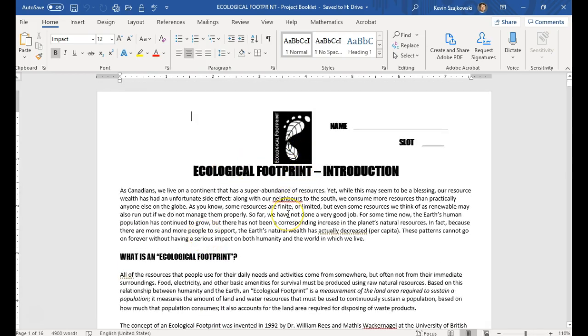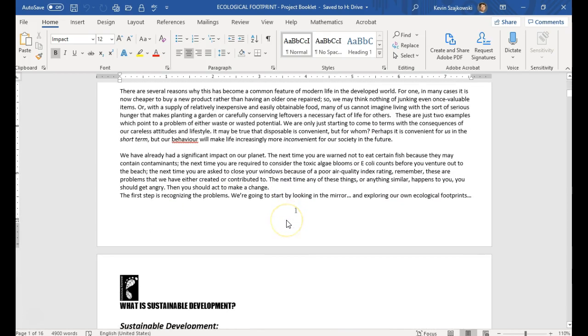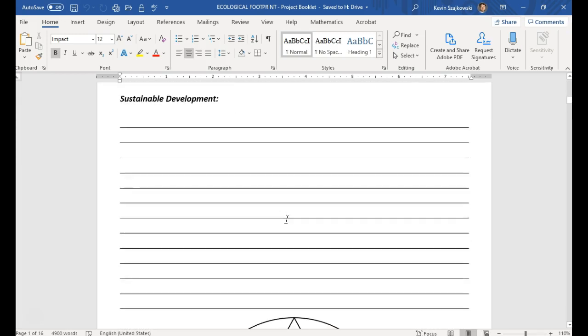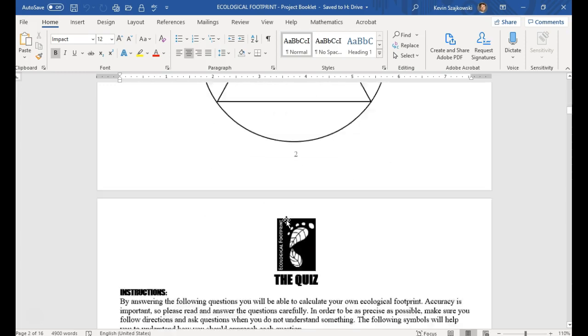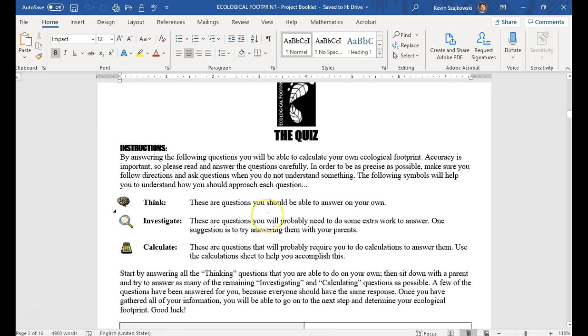Okay. Now, I just want to continue talking a little bit more about this booklet and what else we've got in store for you in the coming days. First of all, this booklet is basically a rough copy working booklet that you're going to be asked to do several things in over the next few days in order to prepare you to write a formal ecological footprint report.